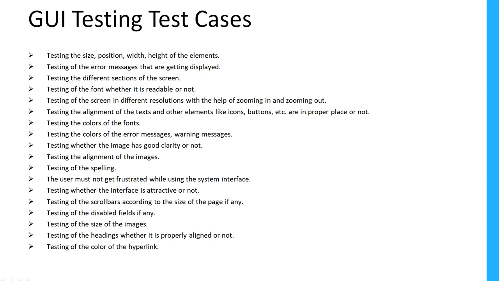When you perform GUI testing, you can follow all these guidelines, like testing the size, position, width, and height of elements, testing the error messages that are getting displayed, testing different sections of the screen, testing the font whether it is readable or not, testing the screen in different resolutions with the help of zooming in and zooming out, testing the alignment of text and other elements like icons, buttons, etc. are properly placed or not, and then testing the colors of the fonts, and the colors of the error messages and warning messages.